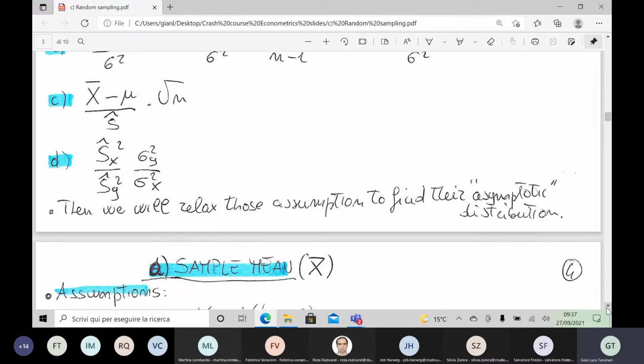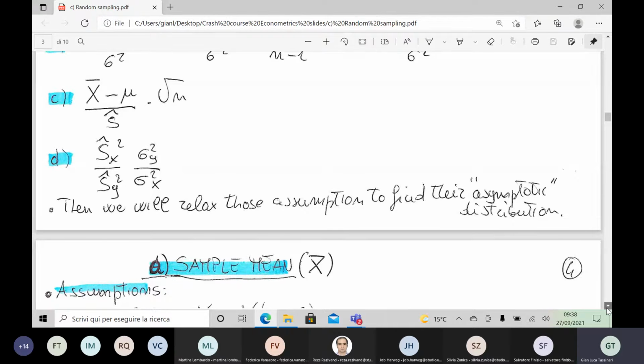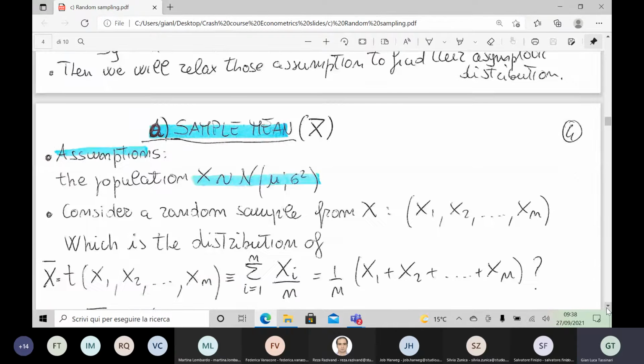I told you that while mu of the population is constant and unknown, small x bar depends on the sample you select. So capital X bar, guys, is a random variable that's called the sample mean. But wait, don't write. Sample mean. So capital X bar, assumption.